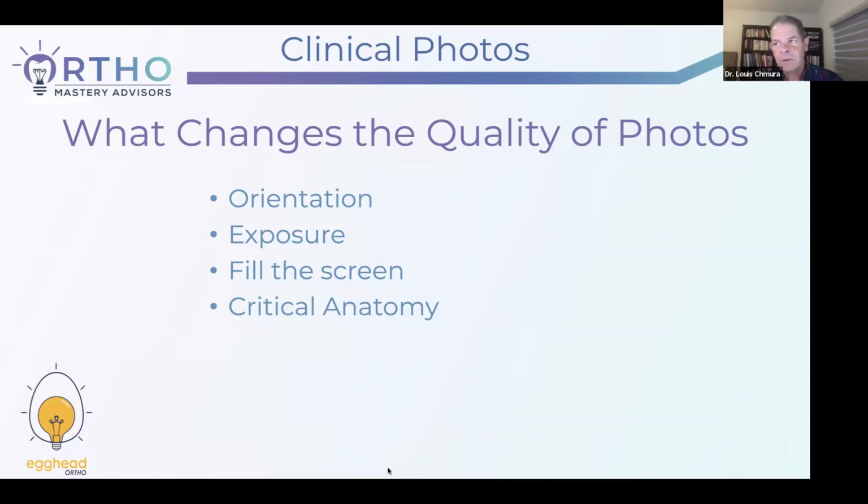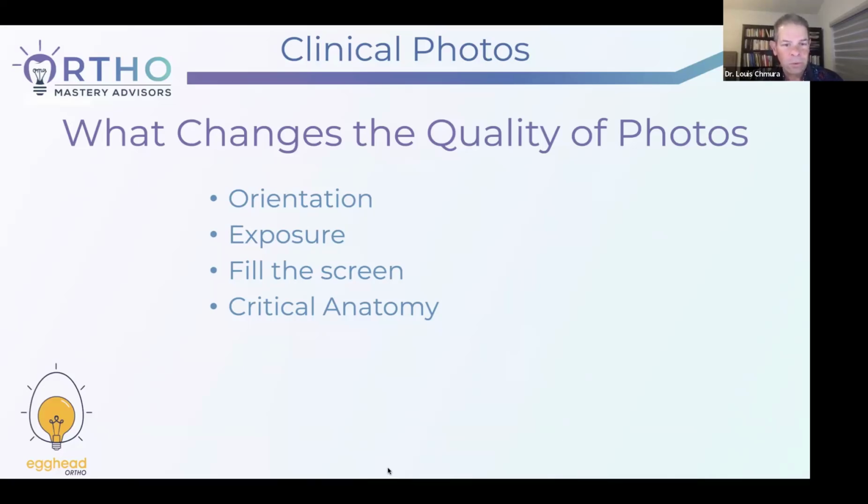The second one is exposure, which is less of an issue now, but still an issue. It used to be with SLR cameras, you'd adjust the f-stop and so on. But what would happen is you would take them at different distances from the subject, and you'd get overexposure, underexposure, big differences in exposure just because of how far you're taking them away from each other.